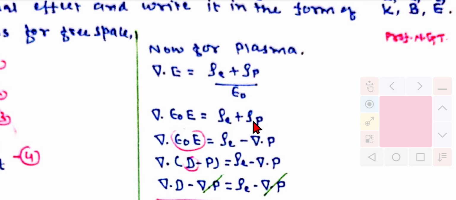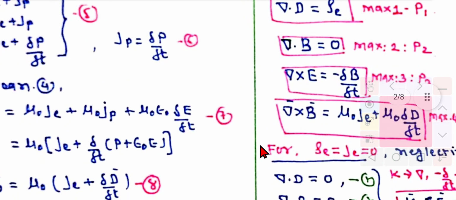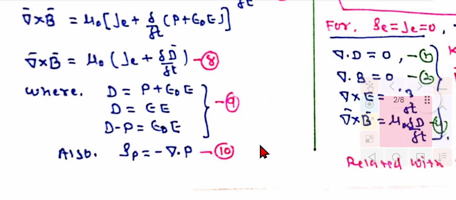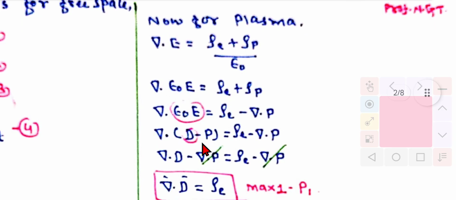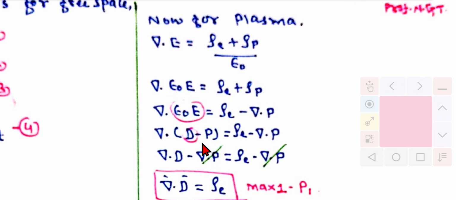Now, del dot epsilon 0 E equals rho E plus rho P. Placing the value of rho P, the polarization charge density, equal to minus divergence of P, which we have discussed earlier.